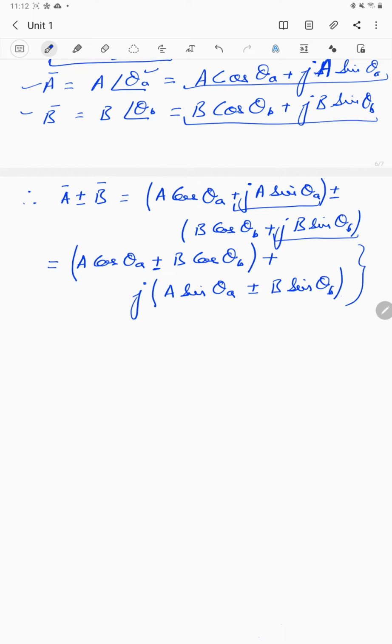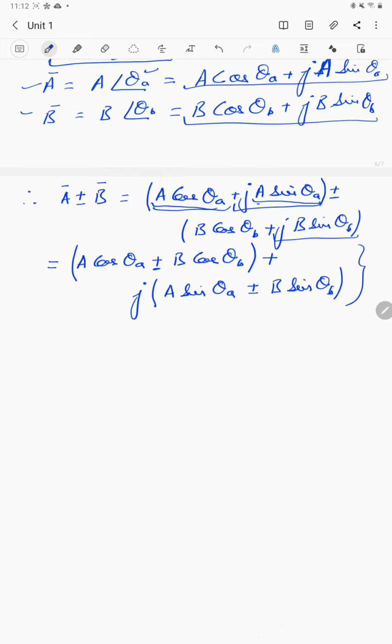Okay, it can be observed that for addition of the phasors, these are the real parts and these are the imaginary parts. The part with the j notation is the imaginary part and this is the real part. So a phasor is simply the sum of the real and the imaginary part.